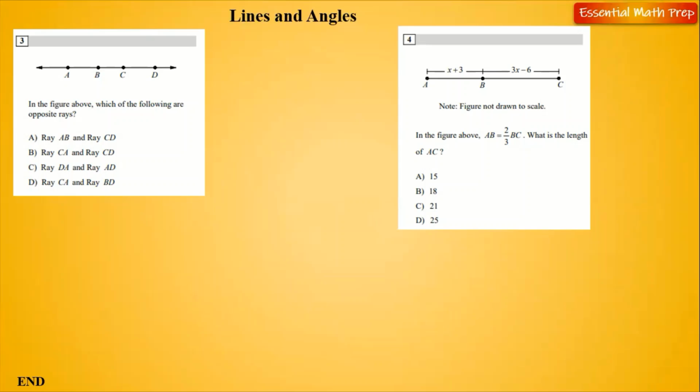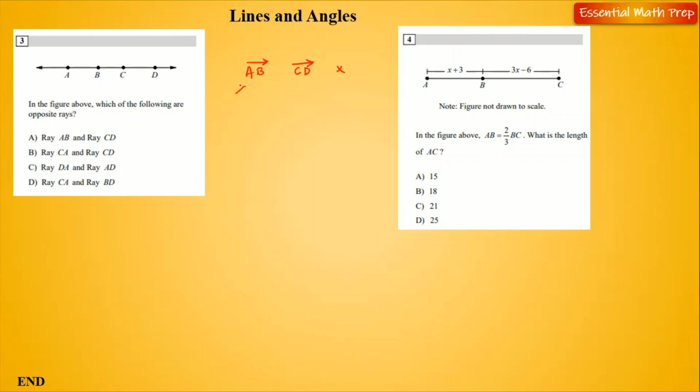All right, so rays AB and CD. When you say AB, right, that means A is an anchoring point and it's heading towards B, no problems. That's good. CD, okay, C is an anchoring point, and from C you're heading in the direction towards D. Well, the two arrows are in the same direction, so that means this is incorrect.